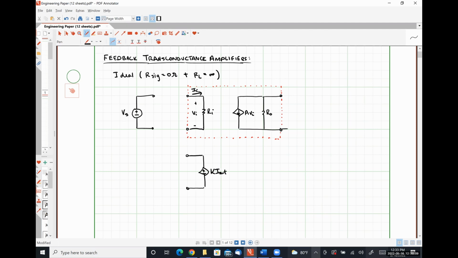What's the question, Bailey? Capital I, lowercase I. No, so that's the current flowing into the input terminal of our open loop amplifier.